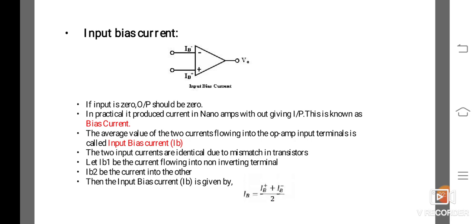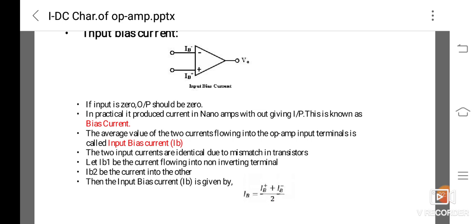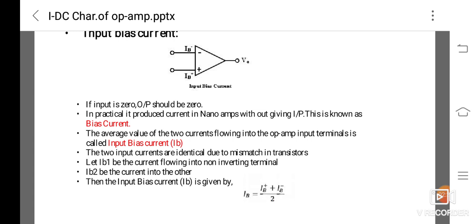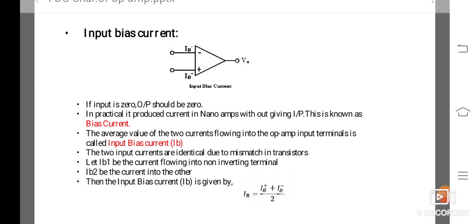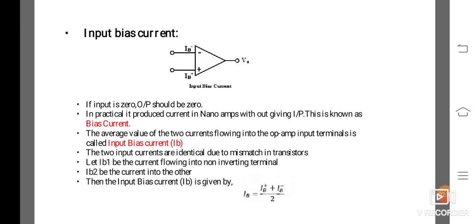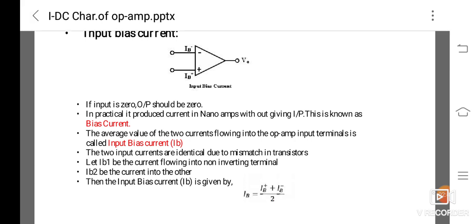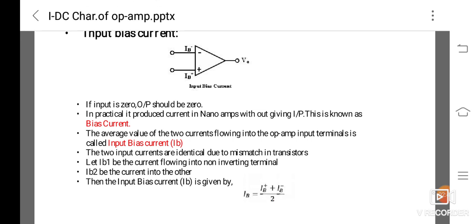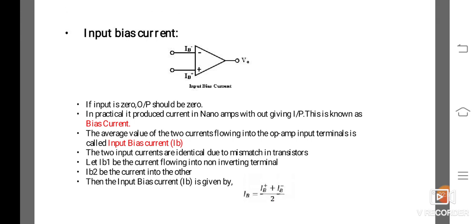The average value of these two currents flowing into the op-amp input terminals is called the input bias current, that is IB. Therefore, IB is given by the equation IB equals (IB plus plus IB minus) by 2. Since the two input currents are not identical due to the mismatch in the transistors, we take the average of the two currents flowing into the two input terminals of the op-amp.